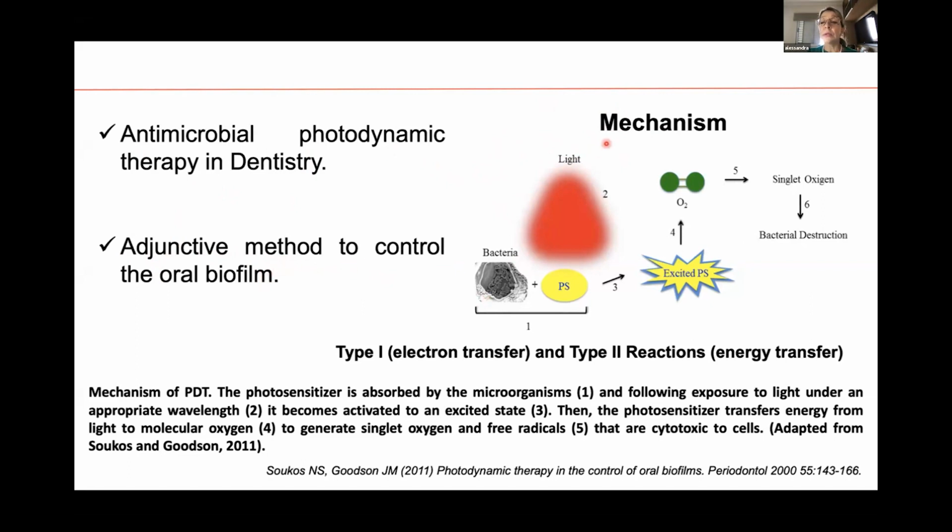Of course, in dentistry, we still use the mechanical removal of the dental caries, the periodontal microorganisms, and endodontic microorganisms, but antimicrobial photodynamic therapy can contribute to control these biofilms related to these different oral diseases.